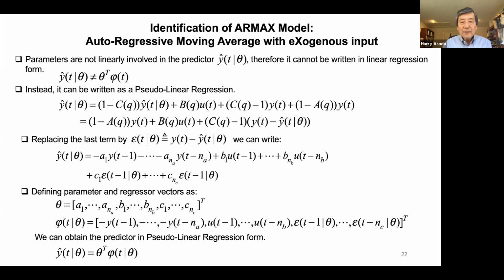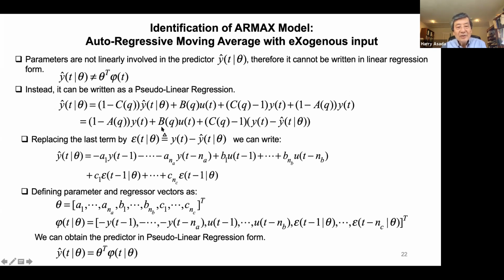Now, as I said, this guy depends on theta, so we cannot write it in a standard linear regressor. But the good news is that 1 minus A(q), skipping the first term, is minus A1 q minus 1, minus A2 q minus 2, and the A's are linearly involved here, right?